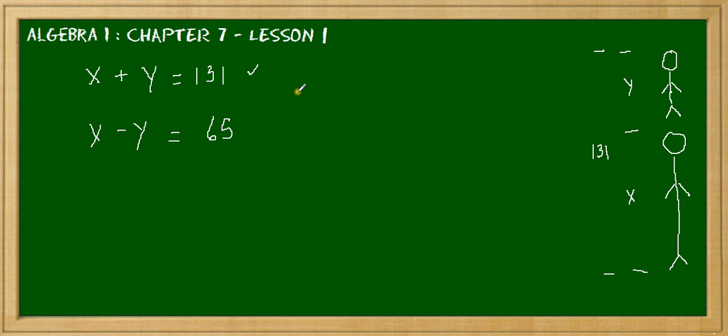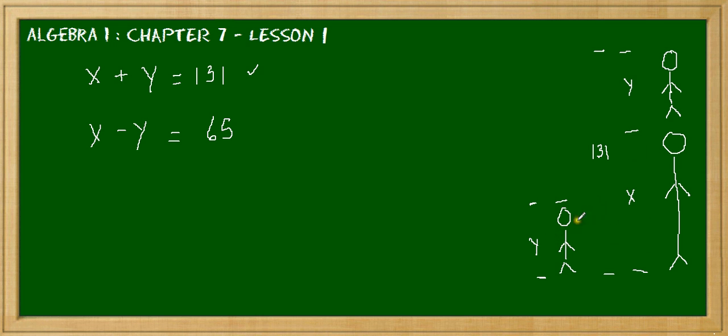Now, if we took a look at the other, we could take the gentleman here and drop him down to here. I don't have to draw the tall one again. So if I have his height, we know that his height is y, and we'll just put that over here. Now we know that the height of the taller gentleman, Kohler, is x.